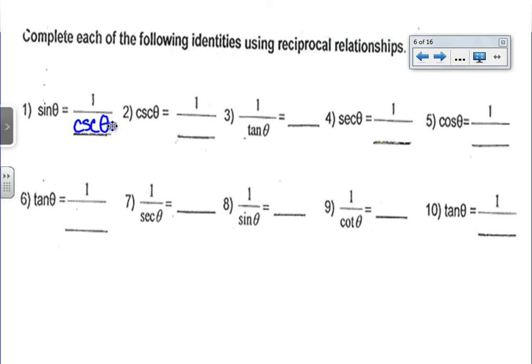And then same thing with, let's jump ahead to tangent. If I have the reciprocal of a tangent, 1 over tangent, you could either write it as tangent, or you can write it as cotangent, its reciprocal. Secant's reciprocal, remember, was cosine, and I think you can continue this on your own.